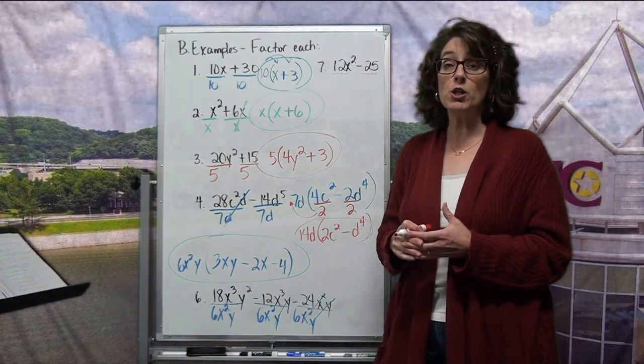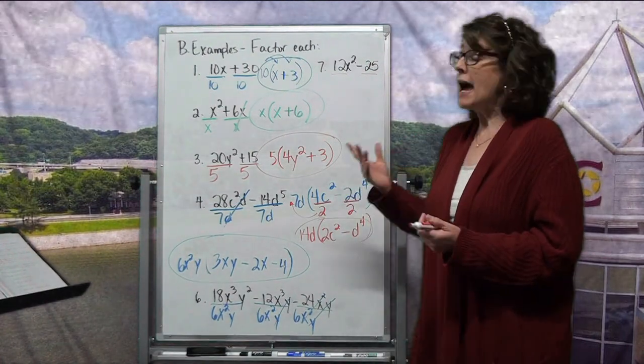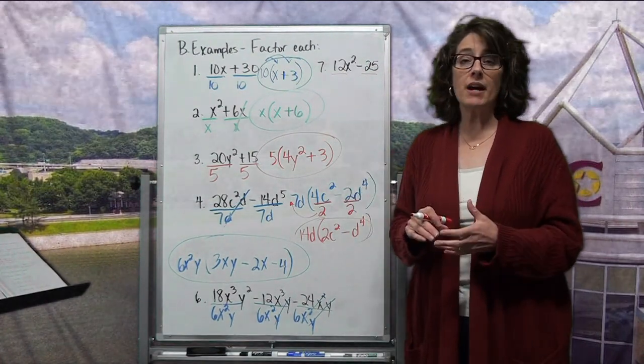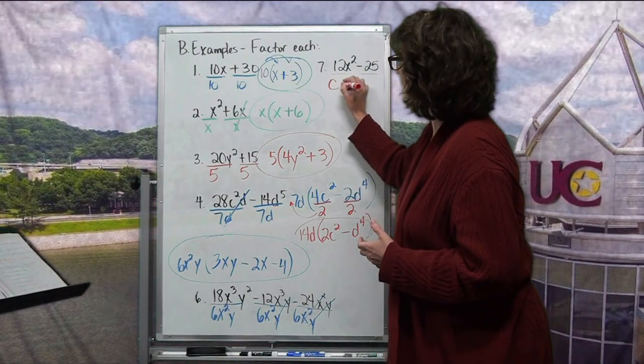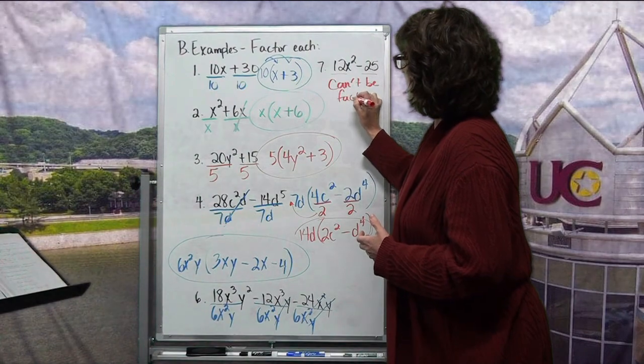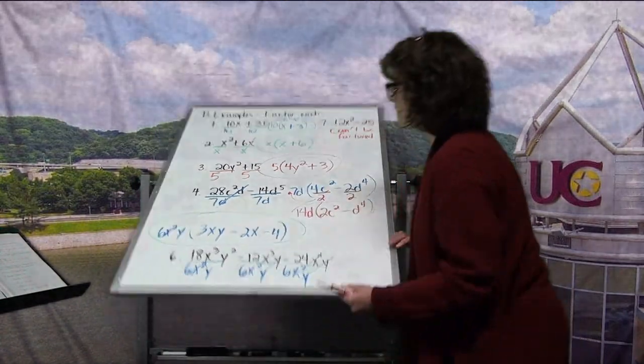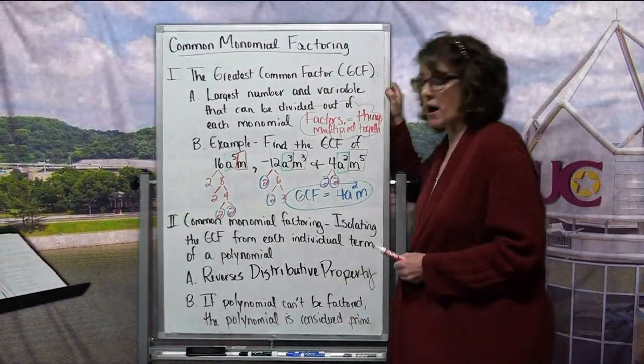And recall that if I'm going to do it, it has to come out of every single term. So now what? Well, there's a couple of ways that I can express the answer. I can simply say can't be factored, and that's good enough. But honestly, a better way to express this is to call it prime.